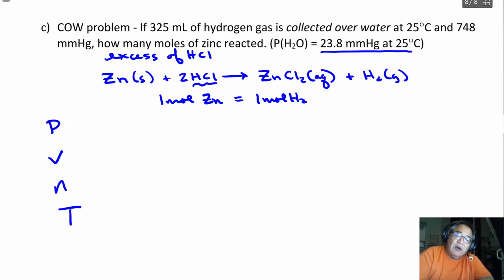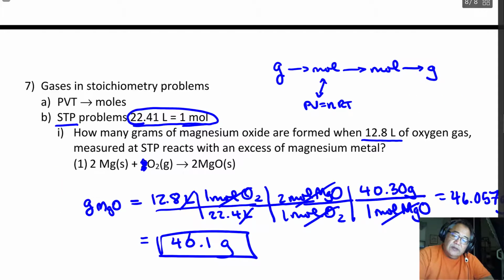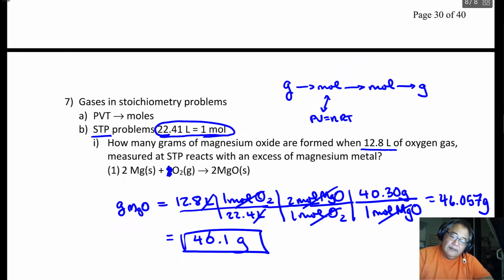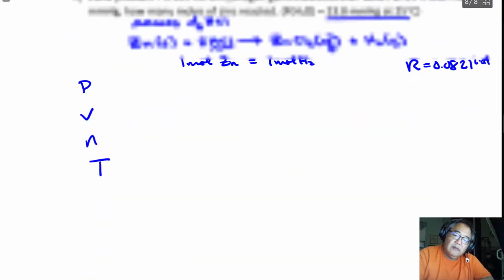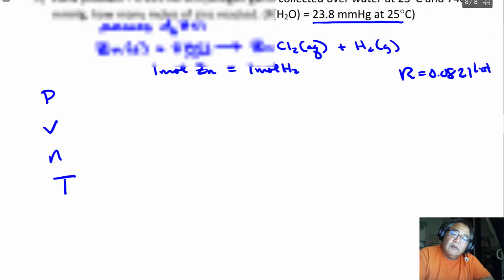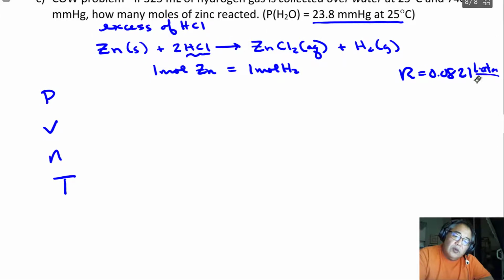And again, I'm thinking about R being 0.0821 liters times atmospheres per mole times Kelvin, like that.